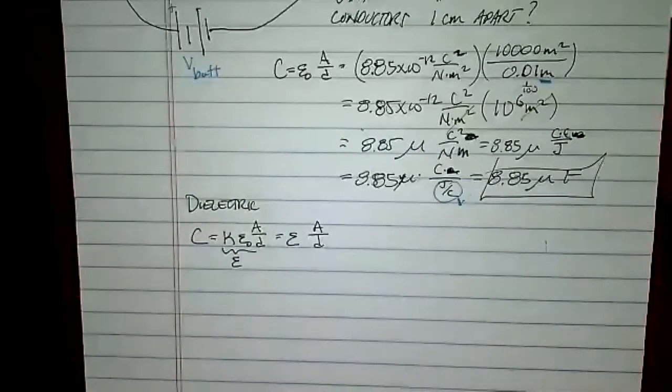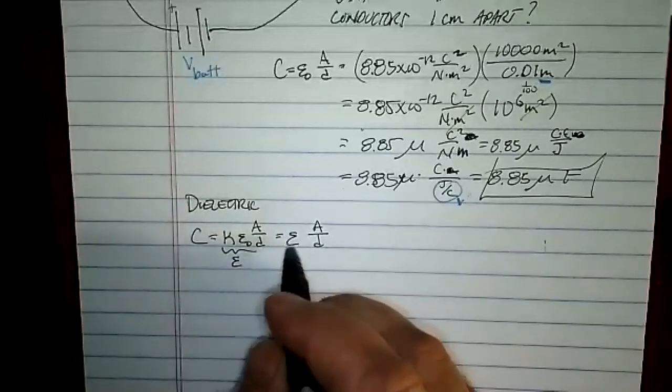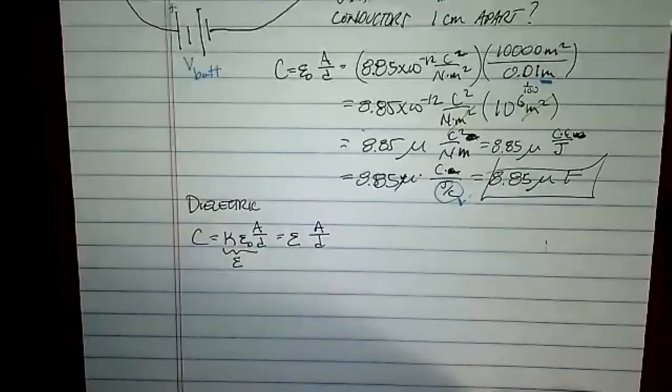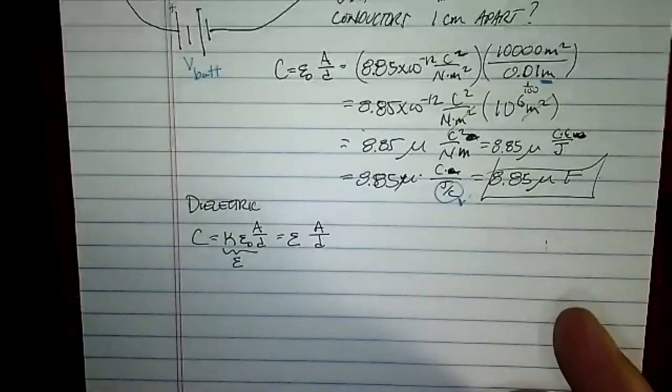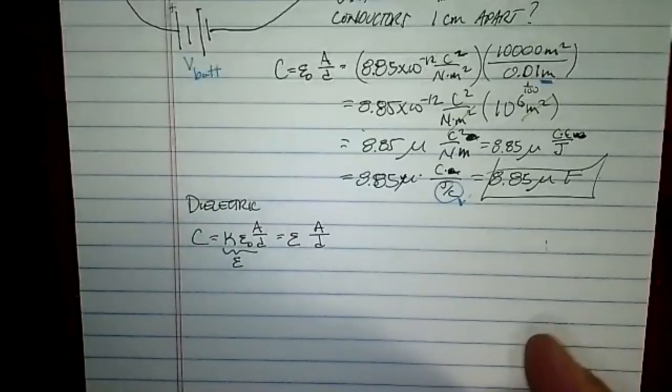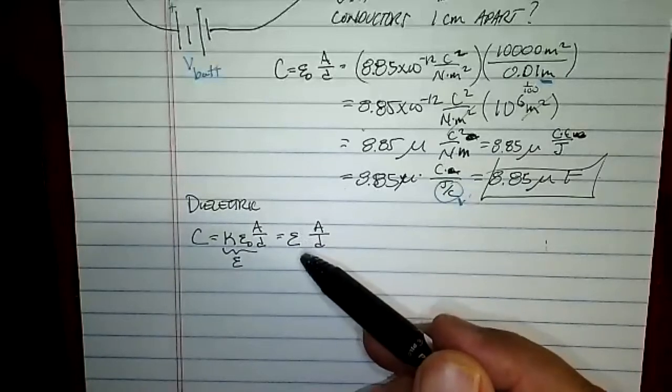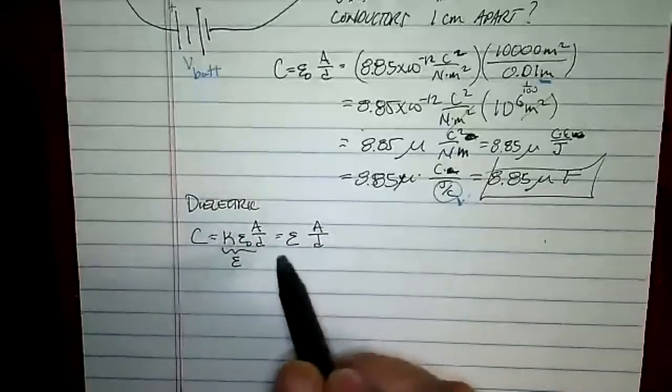So I said it gives you a couple of things. Well, these kappas, for instance, run anywhere from, let's see, vacuum kappa is 1, air kappa is 1.0006. So just putting air in there doesn't make much of a difference. But if you put paraffin wax in there, you get a factor of 2.2.